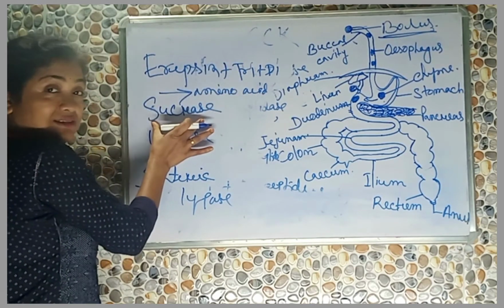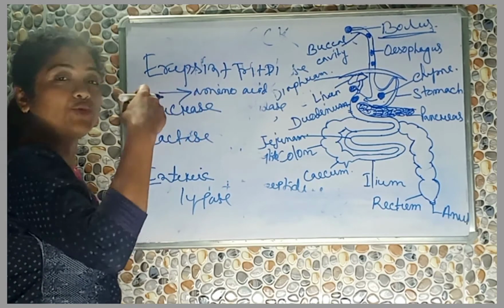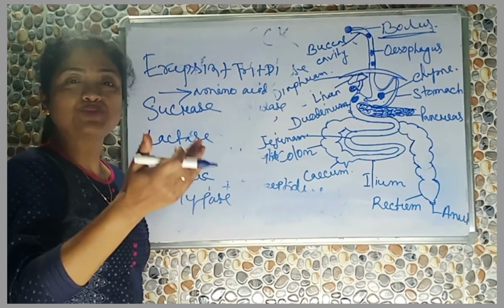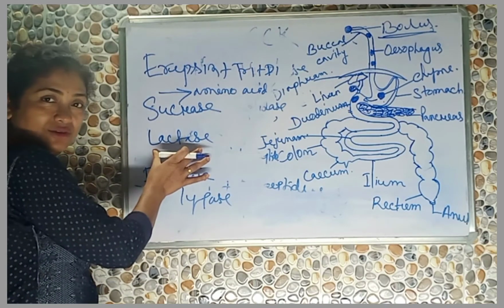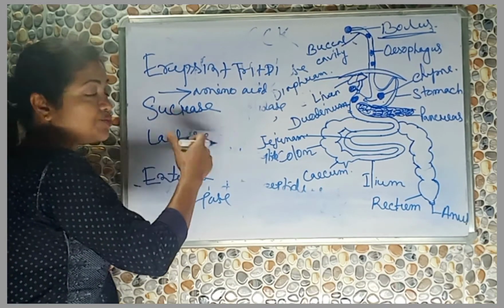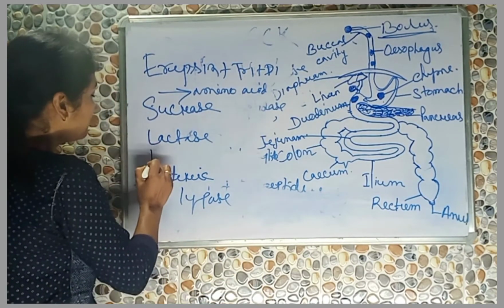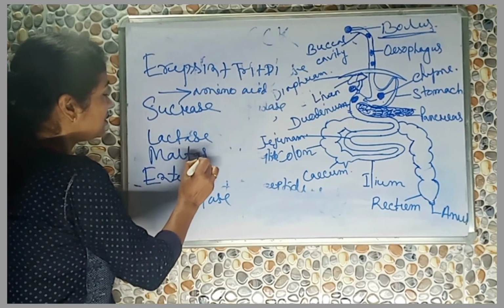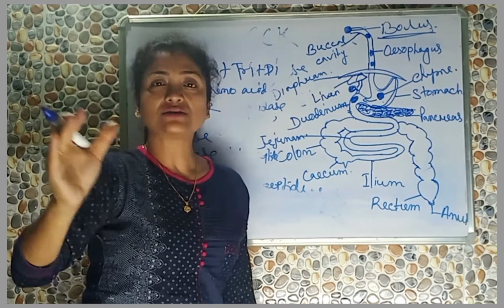And sucrase acts on sucrose, and sucrose is broken down into glucose plus fructose. Lactase acts on lactose, and lactose is broken down into glucose plus galactose. And maltase acts on maltose, and maltose is broken down into glucose plus glucose.